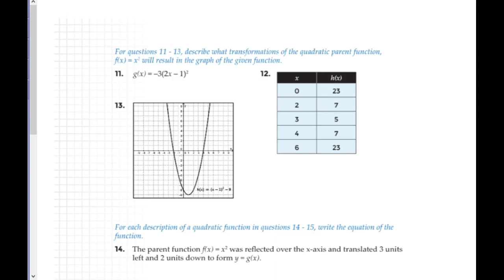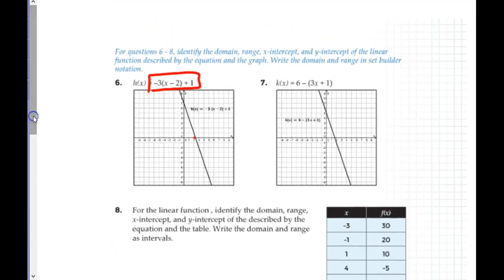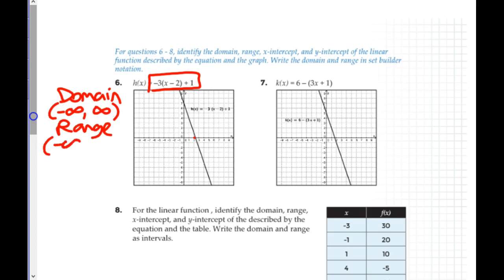Alright, so we're going to skip this. And we're going to describe the quadratic parent function. Oh, sorry, we are on 6. We're going to get the domain, range, and x-intercept. So for linear, domain and range are always negative to positive infinity.